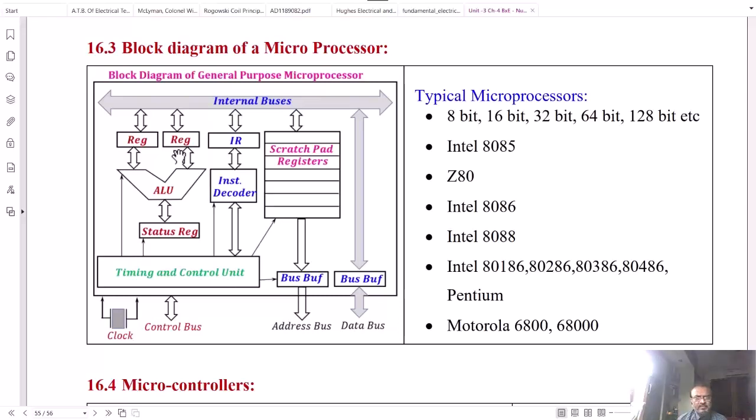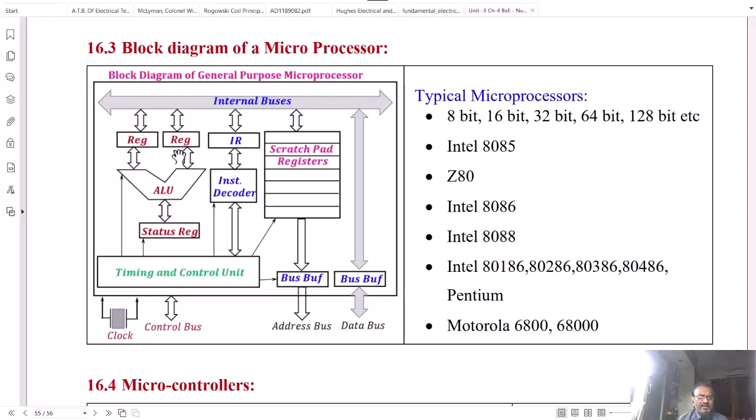These are addressable flip-flops so that the microprocessor system can control the input and output to them. Whatever operands the user instruction specifies can be stored in these temporary registers. They supply the input to the arithmetic and logic unit, called the ALU, and the ALU performs the operation mentioned in the program under the control of the timing and control unit, which is in turn synchronized with the stable clock.